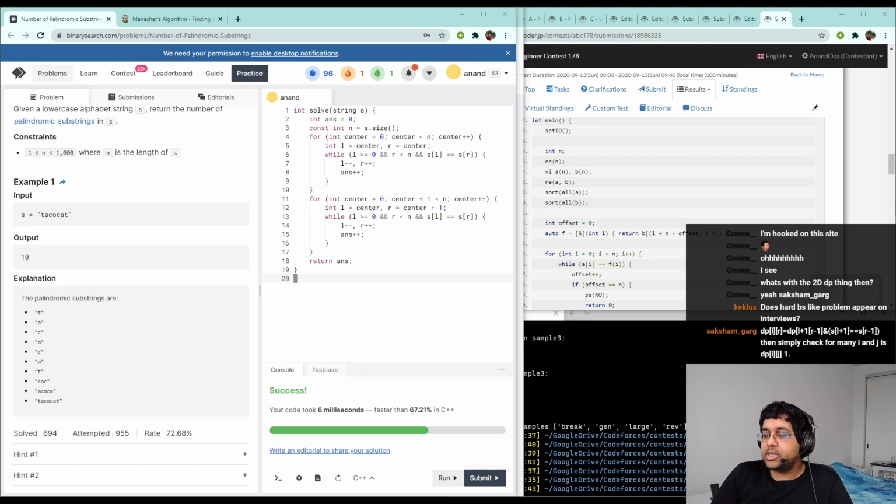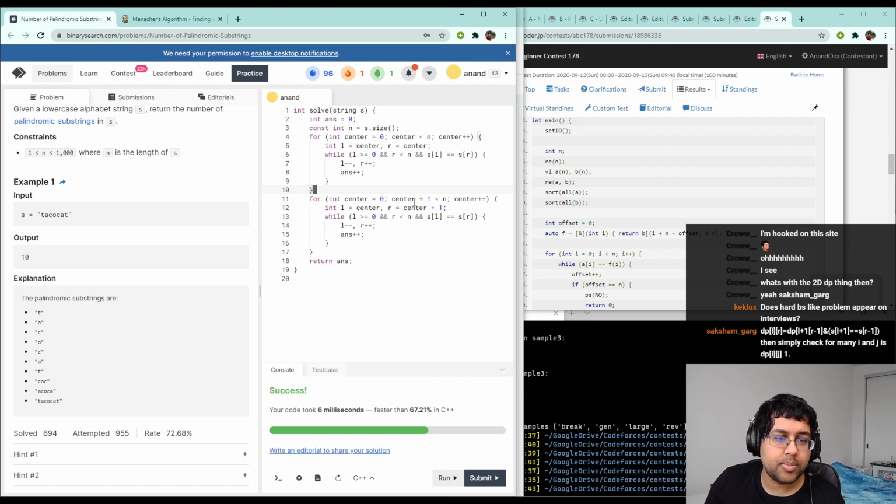Okay, I see. So it seems like what Saksham Garg suggested is basically identical to what we did here. The only difference is that here I'm just adding to the answer directly, and I'm iterating in an order where I don't need to store the array.